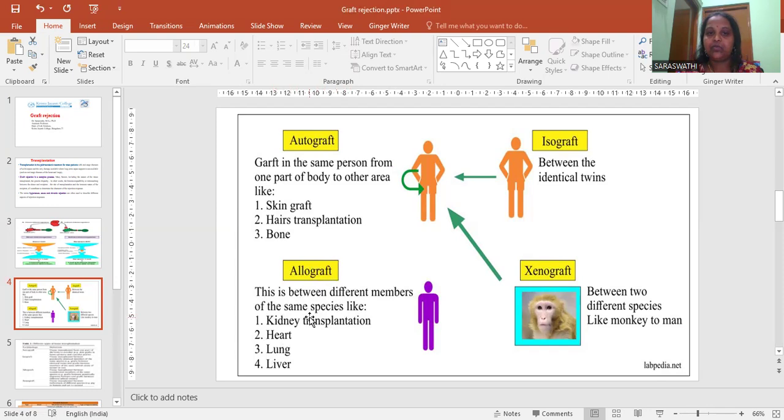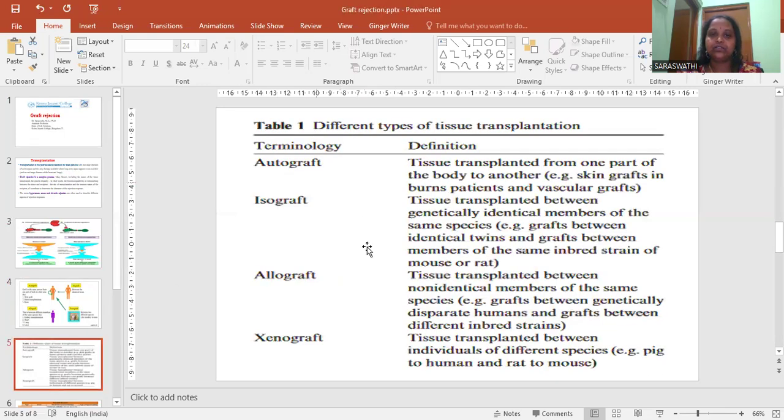All these are allografts. Next is the xenograft. It is between different species, like monkey to man, or pig to man. Nowadays we receive several organs from animals also. So these are what we have discussed: autograft, isograft, allograft, and xenograft.